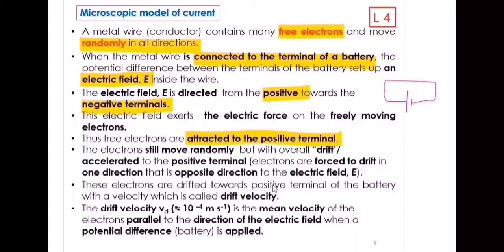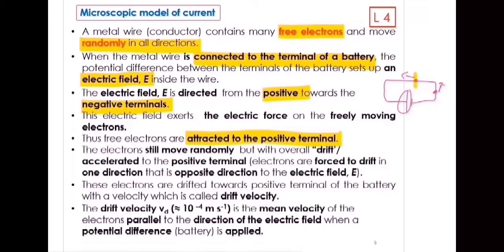If we have electrons here or here, these electrons would be attracted to the positive terminal, which is here. So they are not moving freely anymore, but they are all moving in one direction towards the positive terminal.